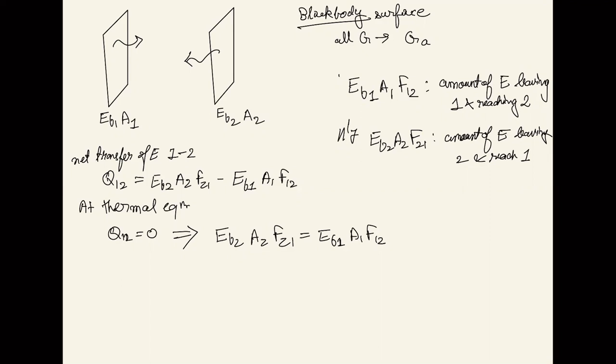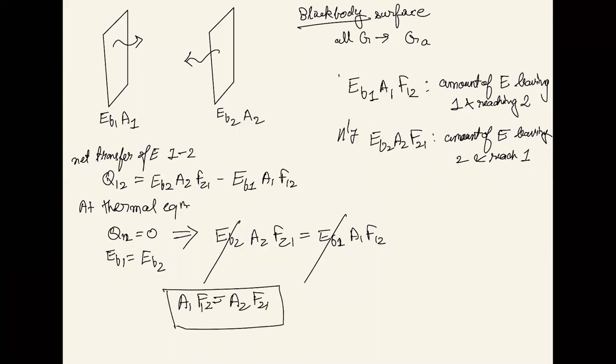So essentially at equilibrium, not only will Q12 be 0, but EB1 has to be equal to EB2, and hence I can cancel these terms out, and what I get is this nice relation: A1 F12 is equal to A2 F21. This result is used a lot in framing GATE questions, and it is called the reciprocity relation between the view factors.